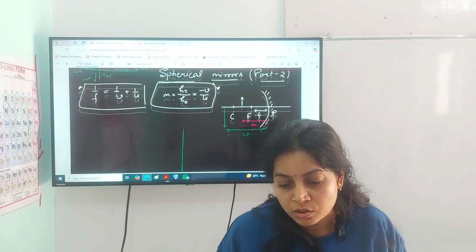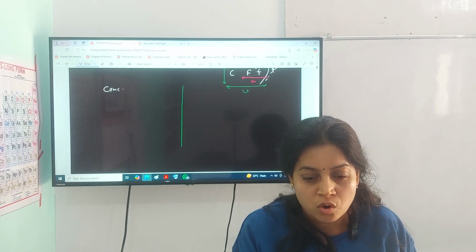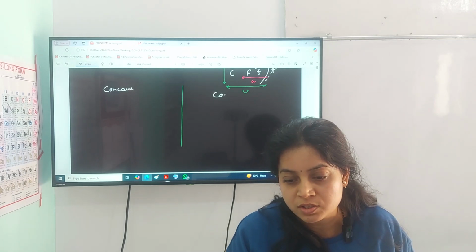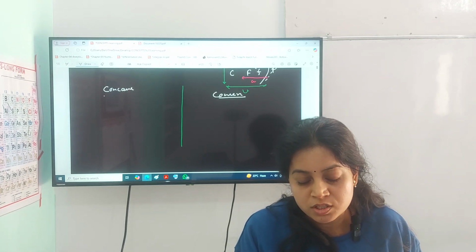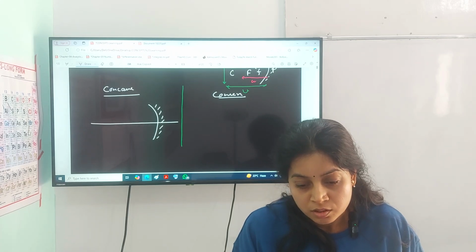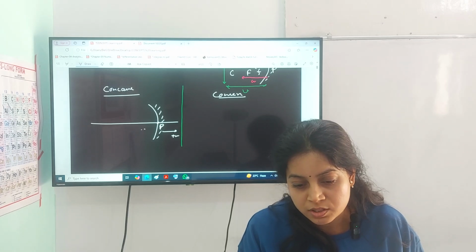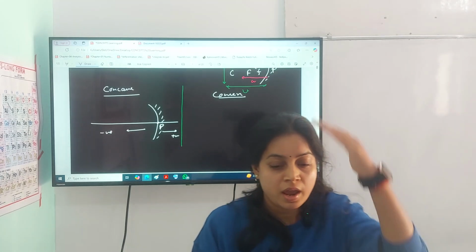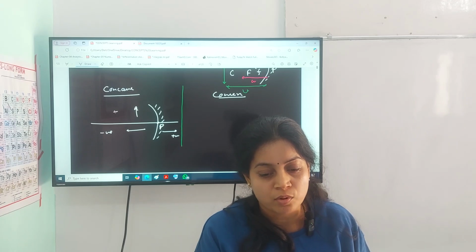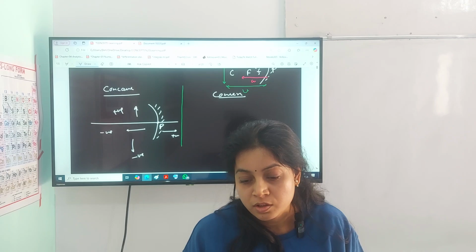Now I will explain the sign convention for the concave and the convex mirror. So what is a concave mirror? This is your concave mirror, right? This is your pole, and this side is positive, and this side is negative, and above the principal axis the values are positive, and below it is negative, right?